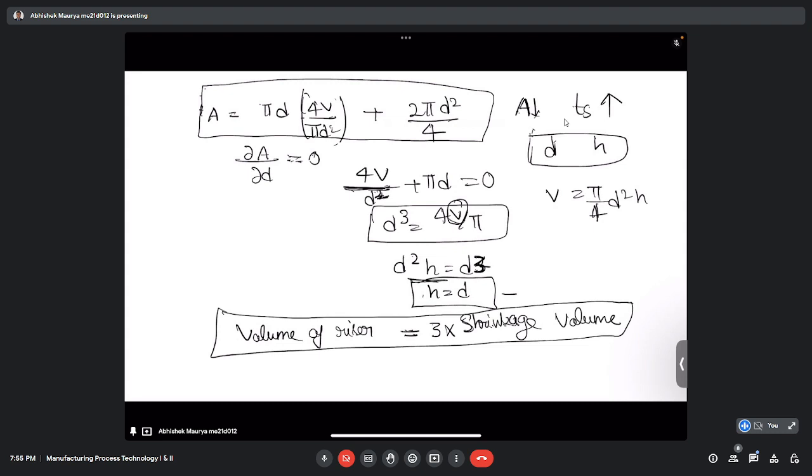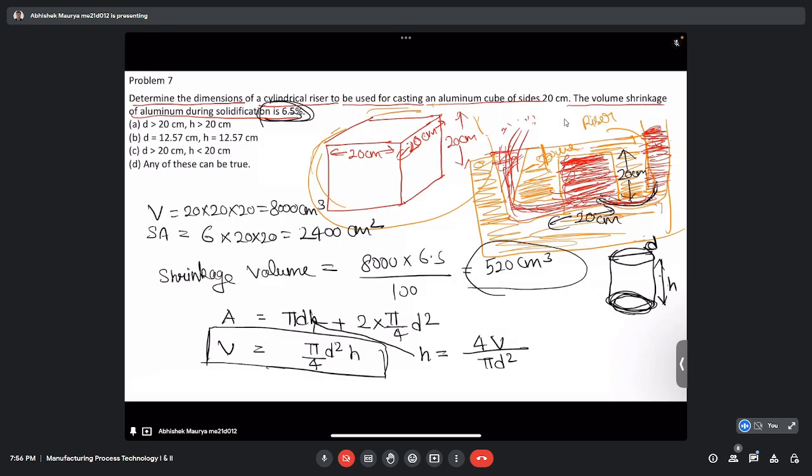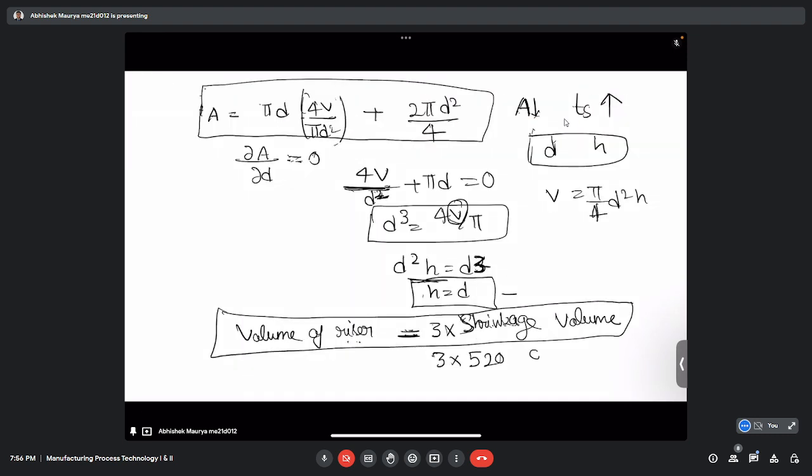I mean, this much volume of riser should be there in terms of shrinkage volume. Already we have calculated the shrinkage volume, so that was 520 centimeter cube. 3 times 520 centimeter cube, what we will get is 1560 centimeter cube. So this much volume we want.